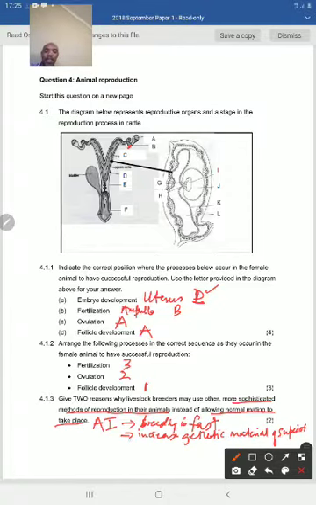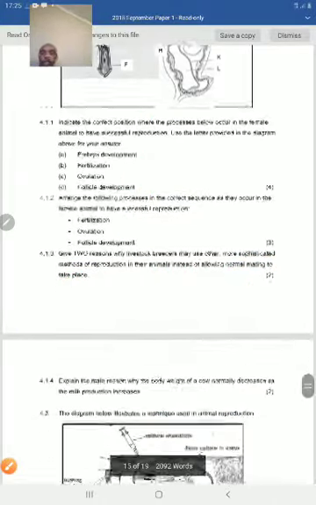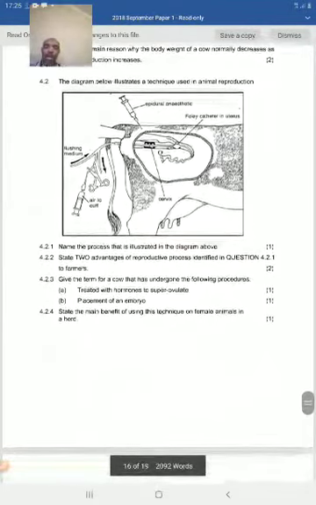So it's a sophisticated method. So there's a lot that you can write here. Okay, let's move on to the next one.